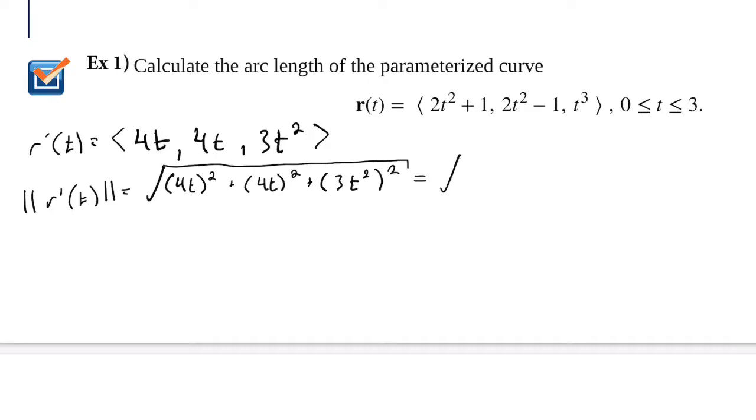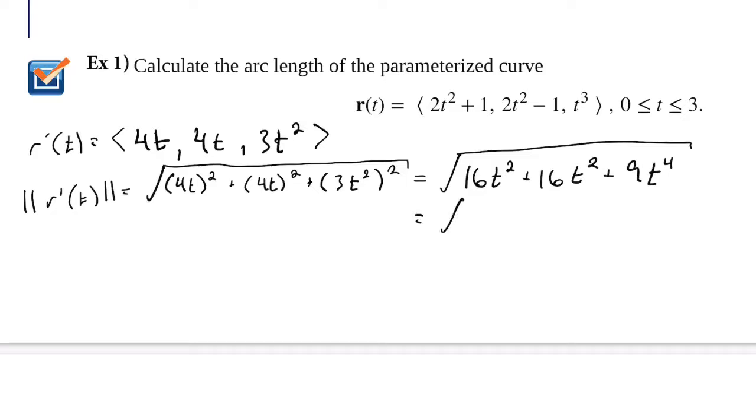So then we have the square root. 4t squared would be 16t squared. And then we have another 4t squared, so that's 16t squared. And then 3t squared squared is 9t to the fourth. That would be 16t squared plus 16t squared is 32t squared plus 9t to the fourth.